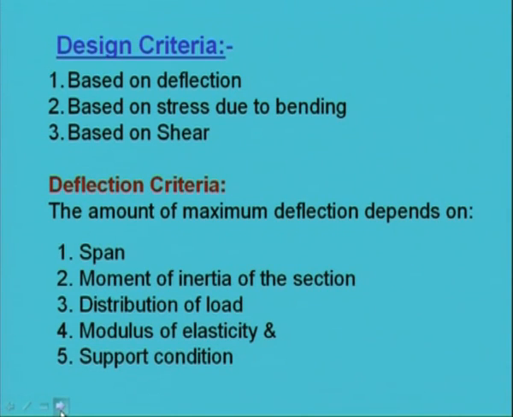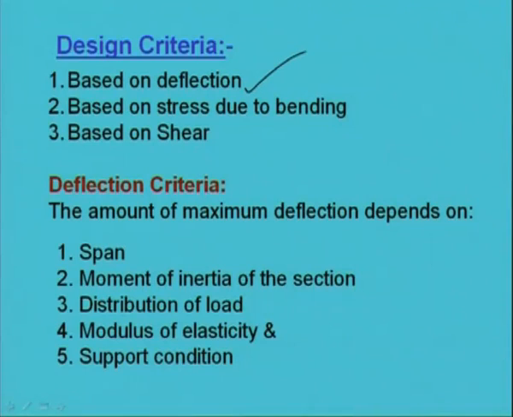Now, design criteria. As I was telling, the design criteria will be based on what type of failure we are going to have for the beam member. As we showed, the failure is coming because of bending, because of shear and because of deflection.